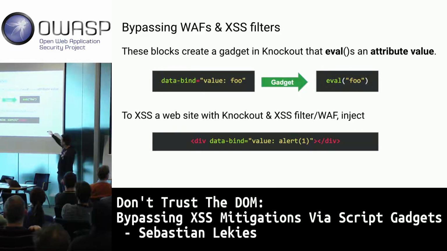And this means this data-bind attribute behaves like eval. So you have this data-bind attribute, you have the script gadget in the page, in the knockout library, and this is effectively just evaling this value. So in order to bypass an XSS mitigation or a web application firewall in this case, you can just say data-bind value alert(1), and this will open an alert box in the application. And no XSS mitigation would be suspicious of this data-bind attribute.